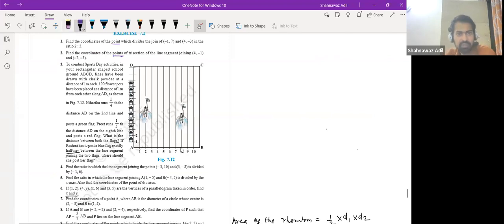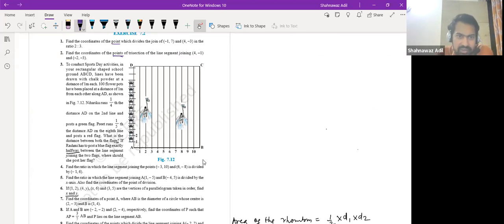To conduct sports day activities in your rectangular shaped school ground ABCD, lines have been drawn with chalk powder at a distance of 1 meter each. 100 flower pots have been placed at a distance of 1 meter from each other along AD, as shown in figure 7.2.